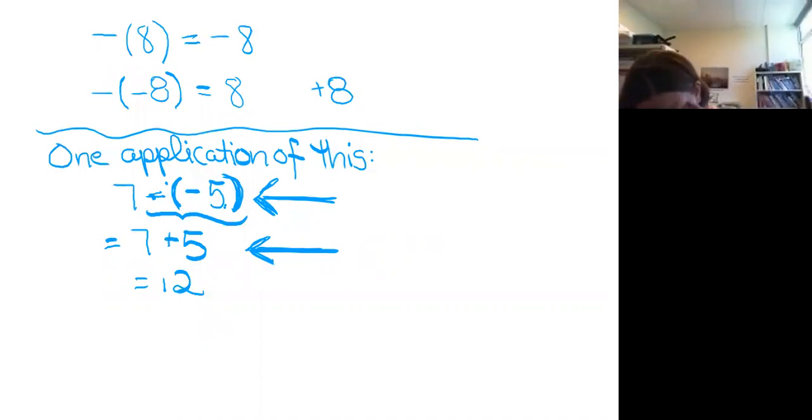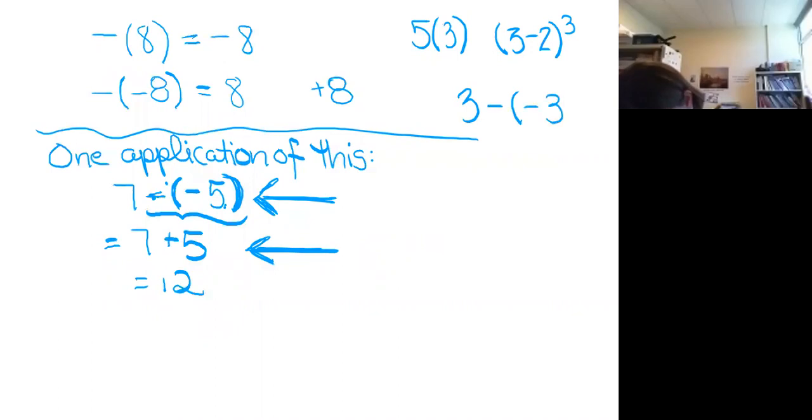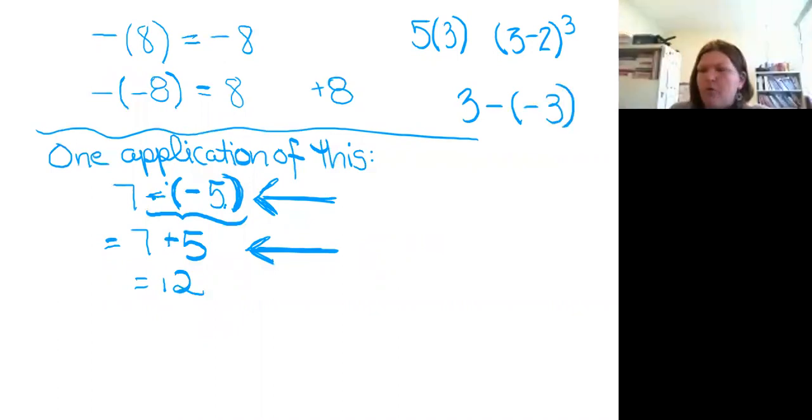So, I'm going to give you 3 problems with parentheses, only one of which has multiplication. Can you see that?